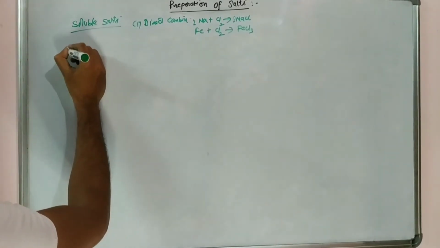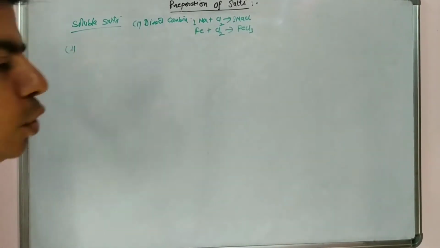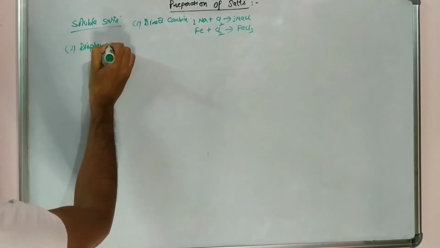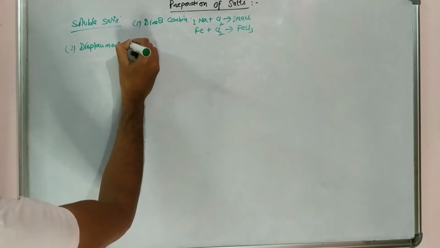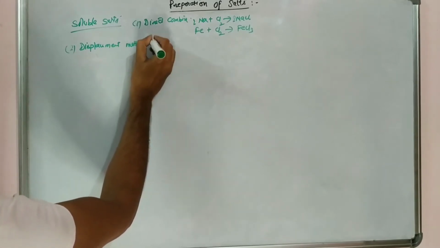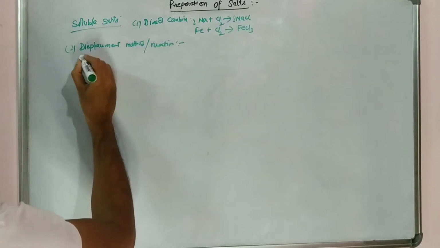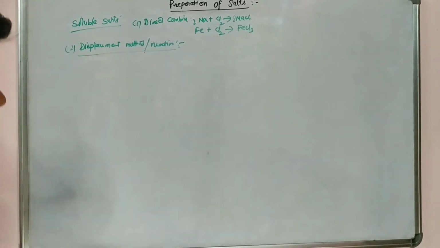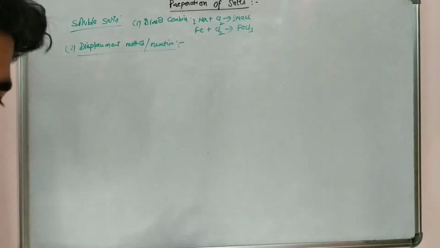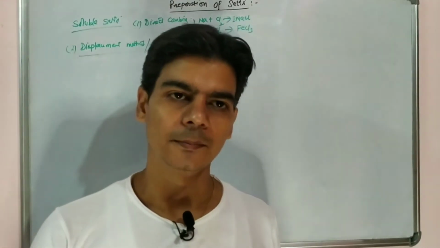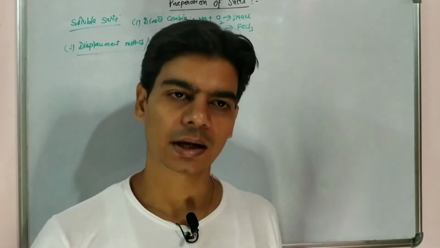Now the second way to prepare soluble salt is the displacement method, or we can also call it a displacement reaction. In displacement reaction, as the word says, a more reactive metal will displace a less reactive metal.